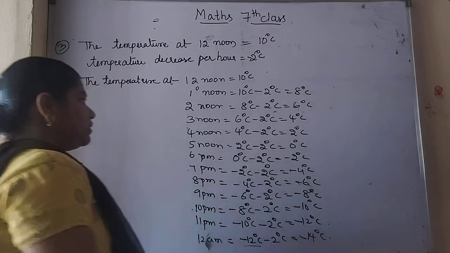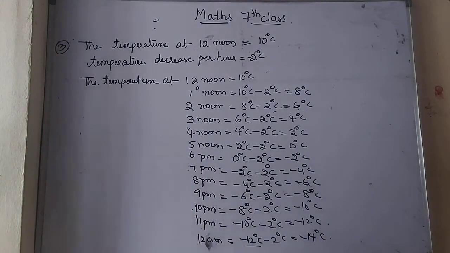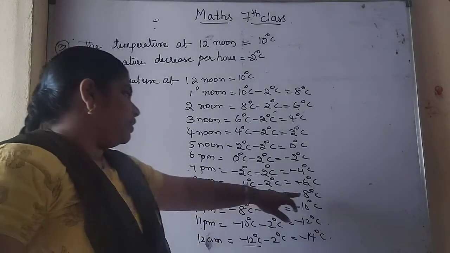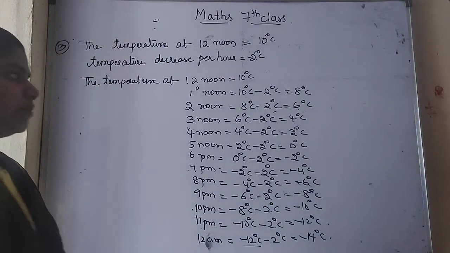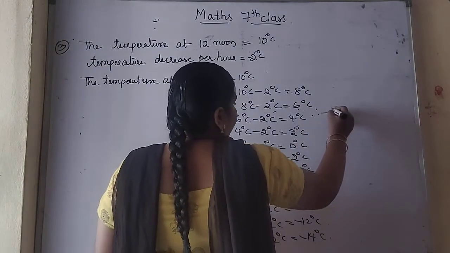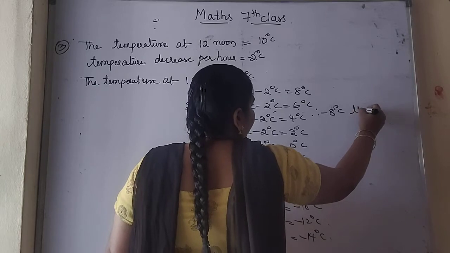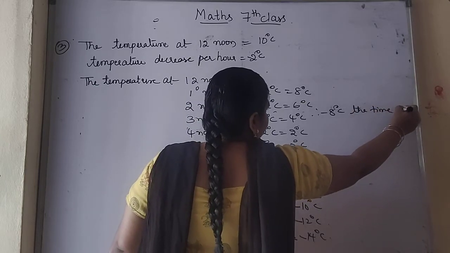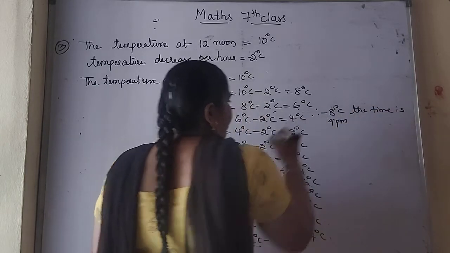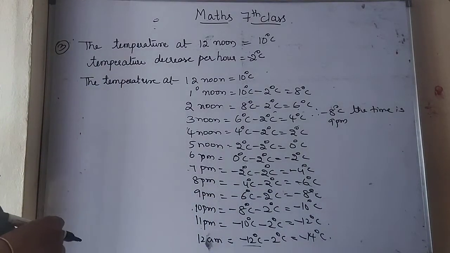So now what they asked: at minus 8 degrees Celsius, what is the time? Therefore at minus 8 degrees Celsius the time is 9 p.m. And they asked about 12 midnight.